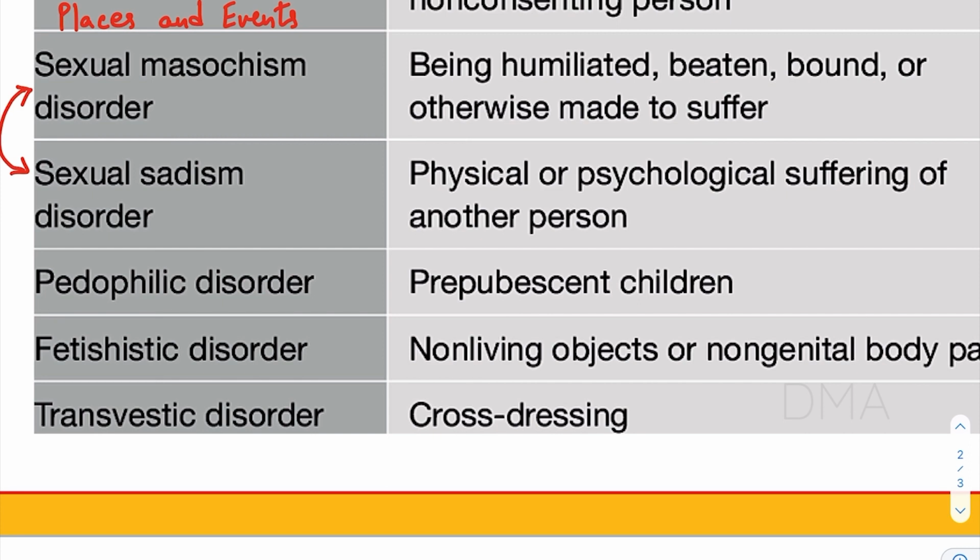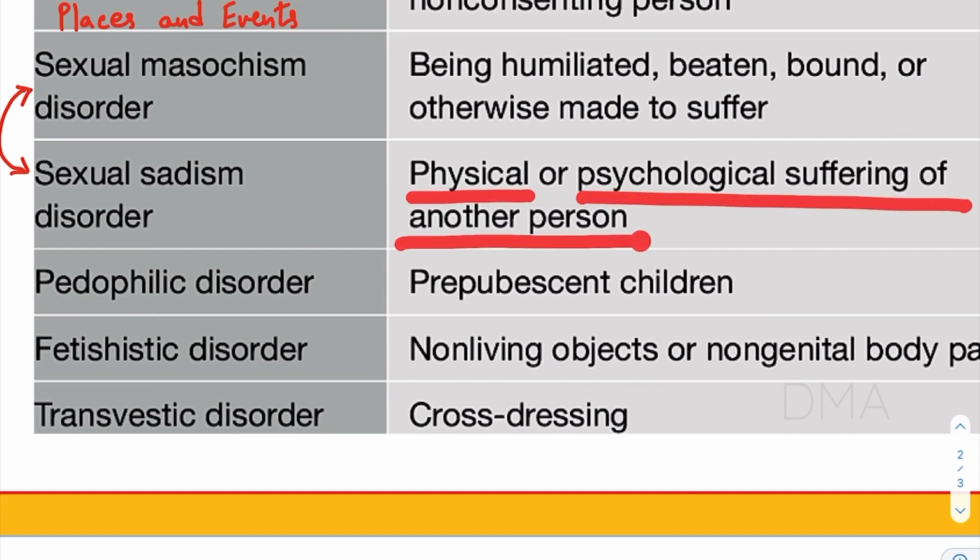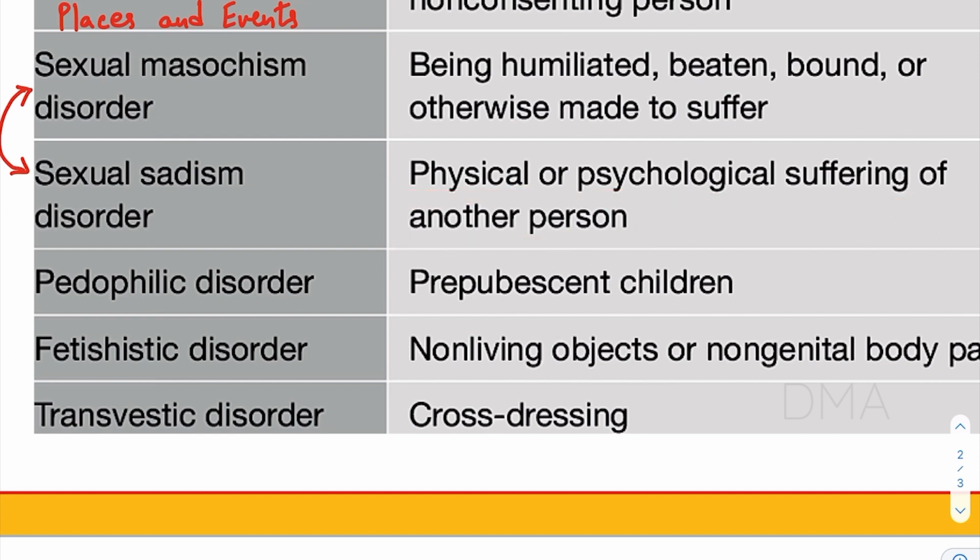Whereas, if you see sexual sadism disorder, a person gains sexual pleasure or is sexually aroused by inflicting pain, in a physical or psychological form, on another person. So these kinds of people are inflicting pain and getting sexually aroused by it. That is sexual sadism disorder.